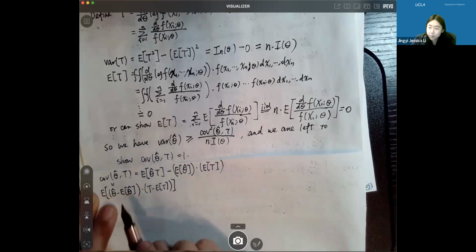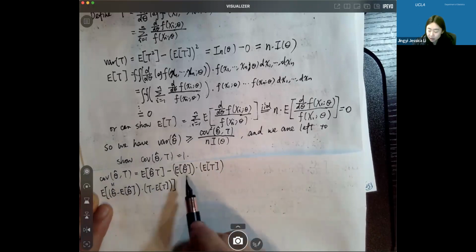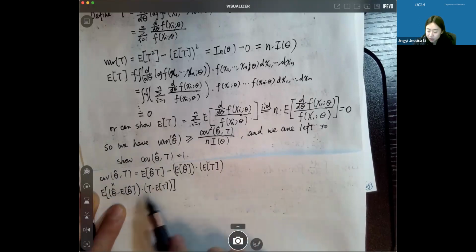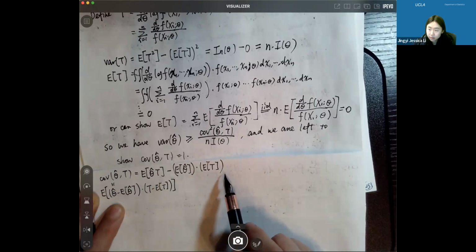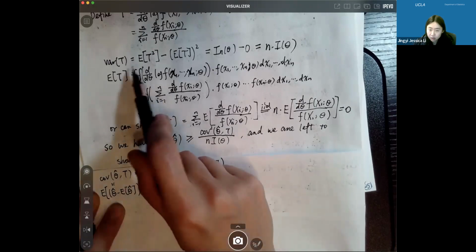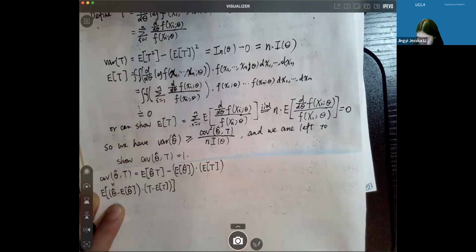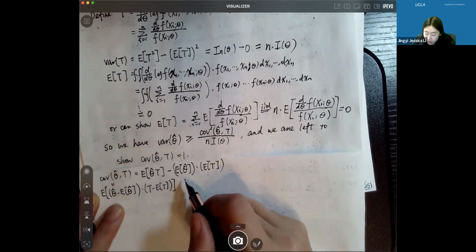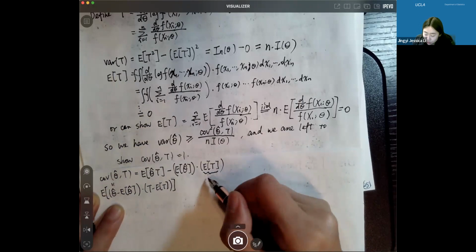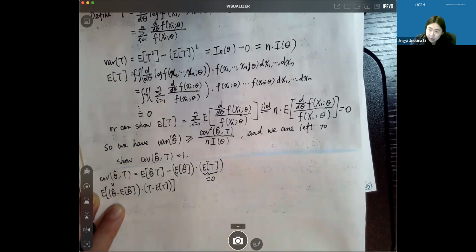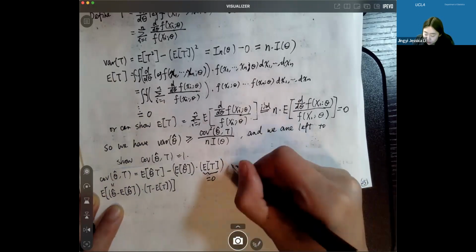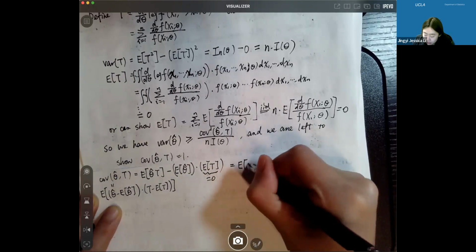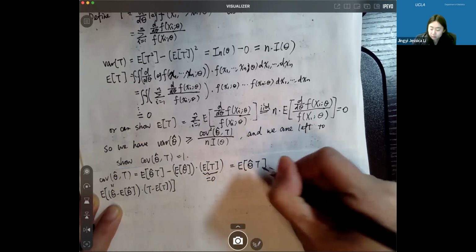You just expand it, and with some cancellation you get here, similar to how we proved the variance relationship. Now, because we already showed the expectation of T is 0, the second term is gone. So the covariance is just equal to the expectation of theta hat times T.